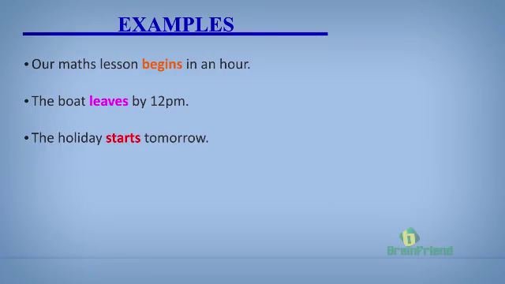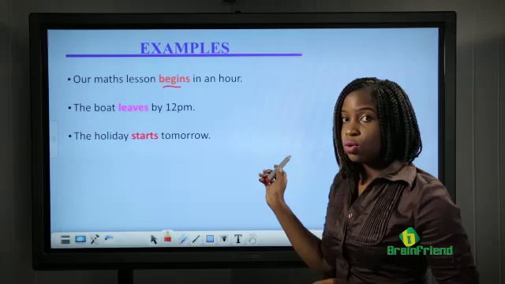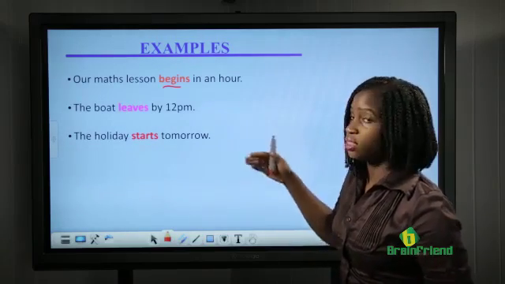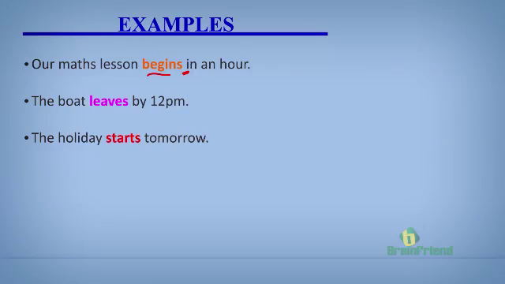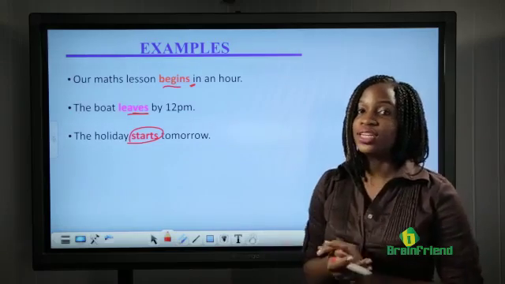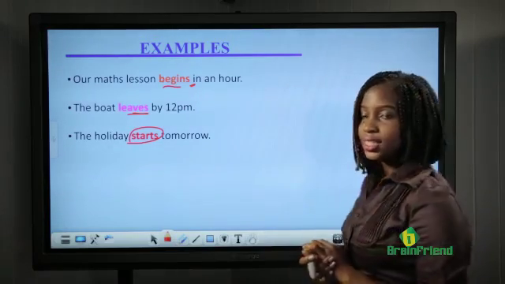Our maths lesson begins in an hour. When talking about things that will happen in the very near future, you add S also. The boat leaves by 12 p.m. The holiday starts tomorrow. I hope you have learned a lot in this lesson.